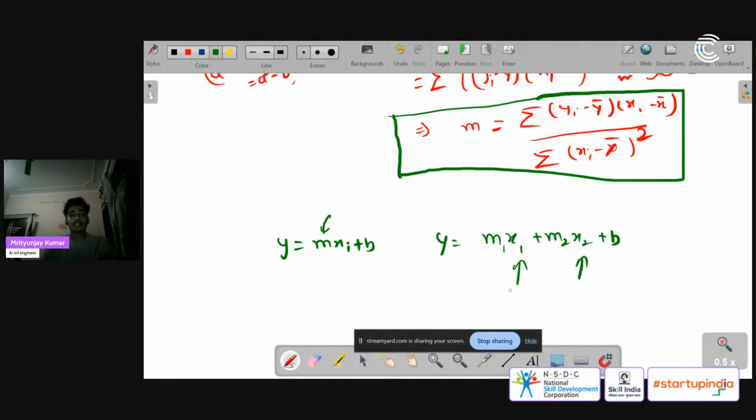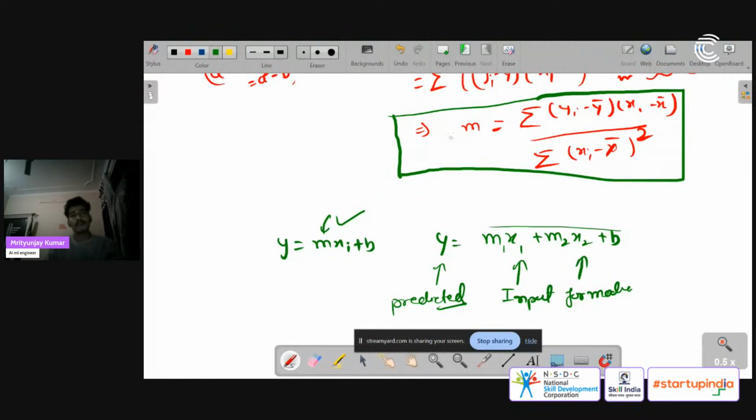These are the input for the model, and y will be the predicted value, right? So for two features the equation will be like this. I have shown you this equation only, but the rule will be the same.